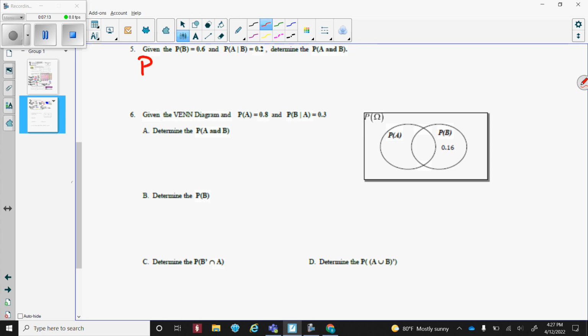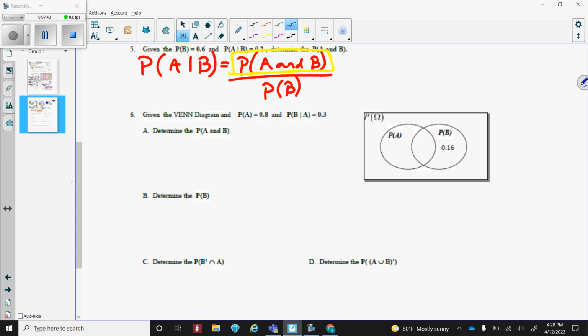So we have our probability of A given B is equal to the probability of A and B divided by the probability of B. Our unknown is the probability of A and B, so we want to get that by itself. We want to isolate this part here.